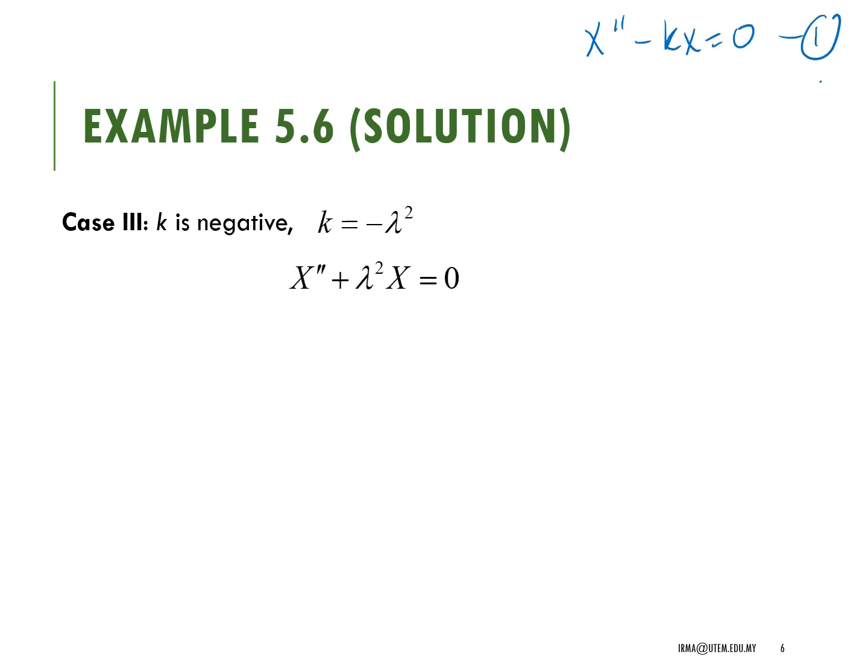This is equation 1. And equation 2 is y prime minus 4ky equal to 0. So when you substitute k equal to negative lambda square, the first equation becomes x double prime plus lambda squared x equal to 0.